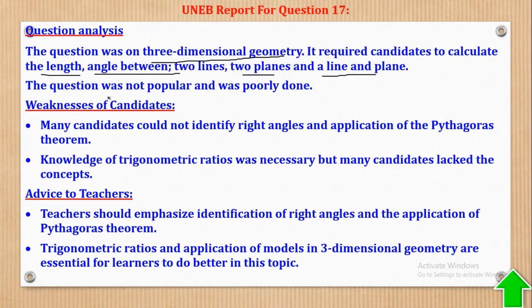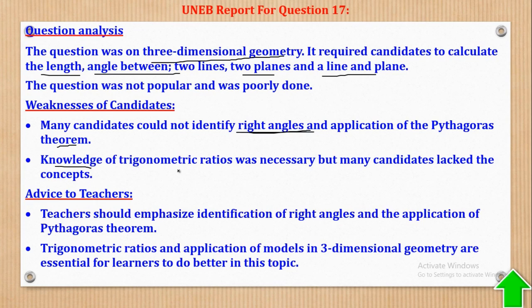So it was not popular to have such a shape in three-dimensional geometry. So the weakness is that many candidates could not identify right angles, the correct angles, and apply Pythagoras theorem. So right angles means the 90s, and the application of Pythagoras theorem was a challenge to many.